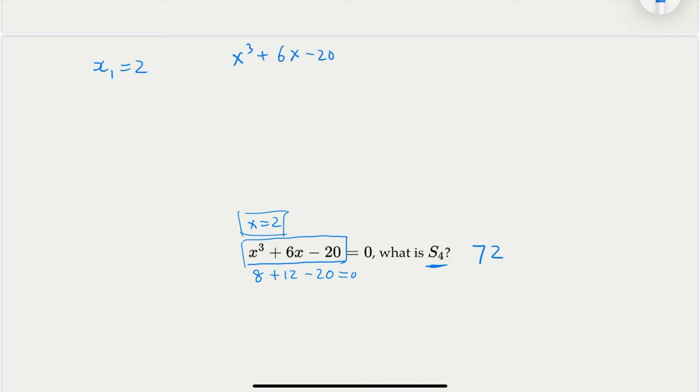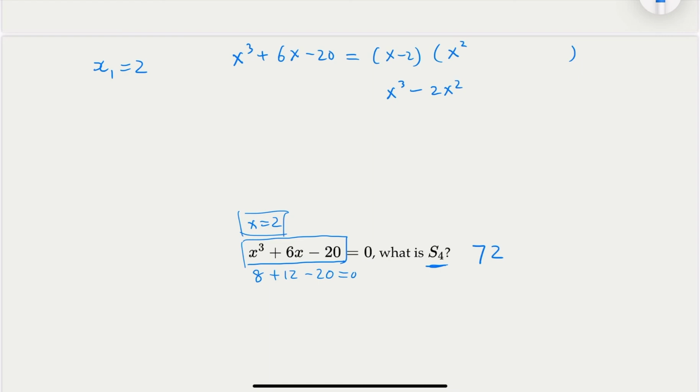Minus 20 equals x minus 2 times something, and of course x squared here. The way to do it is to expand it out: that would be x to the third minus 2x squared.